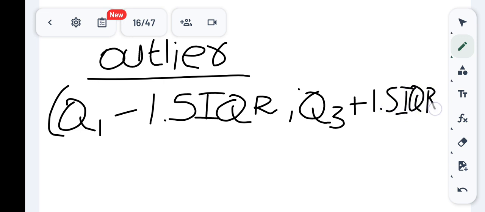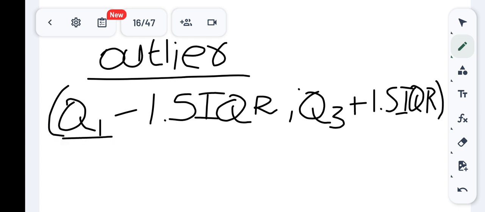So this is how you will find the outlier, a number that is very different from the rest. It is either much bigger or much smaller than the other numbers. I'll just take an example and show you how to identify an outlier.